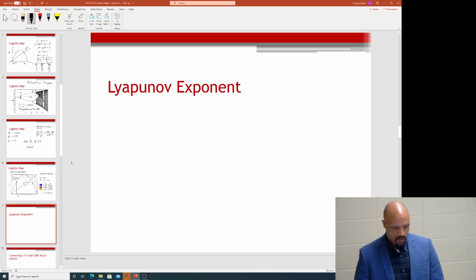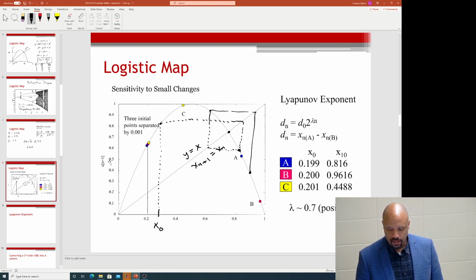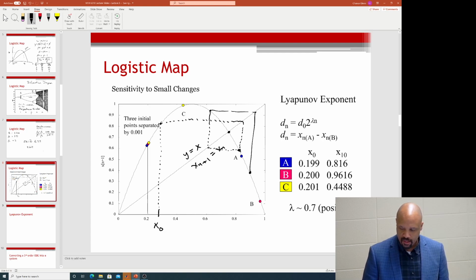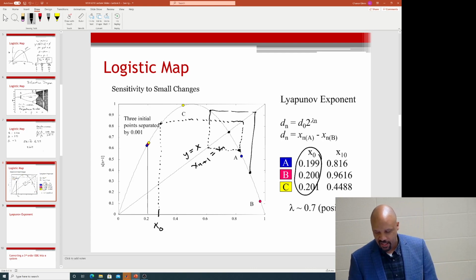All right. So what happens here is in certain sections of your map, you can determine how much it spreads. Now, you have these 3 points that are very close to each other. The difference between them is a thousandth of a point. Then you iterate the map, in this case, 10 times into the future.